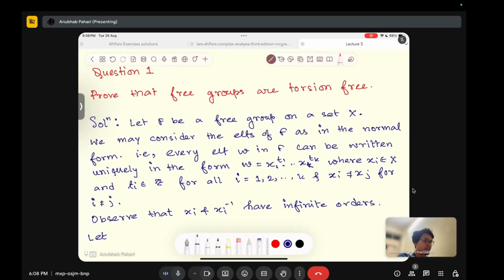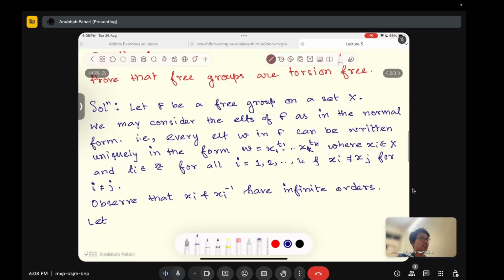That means every element of this group has infinite order. That means that if x to the power k equals the identity of the group, then x should be the identity itself. So that is our primary goal.